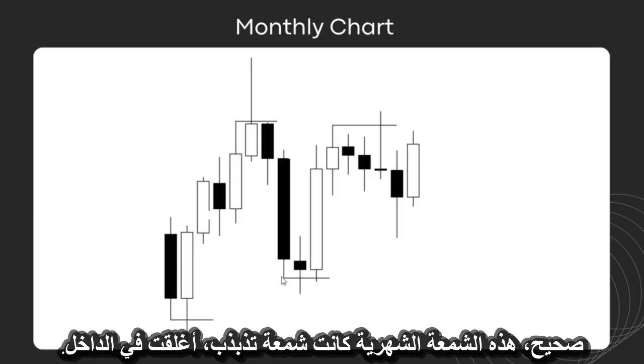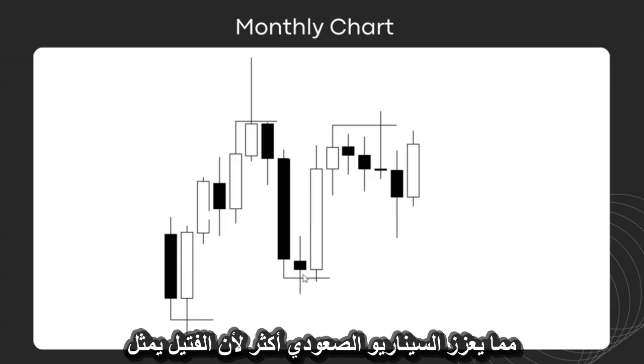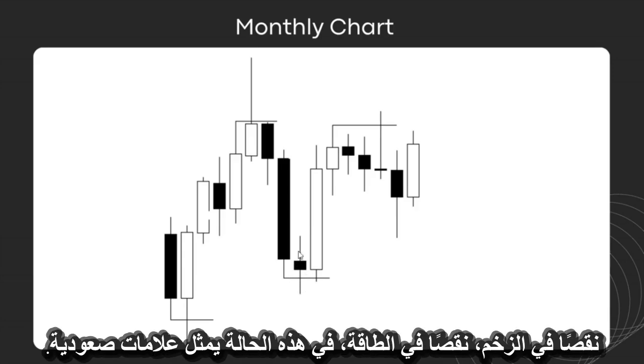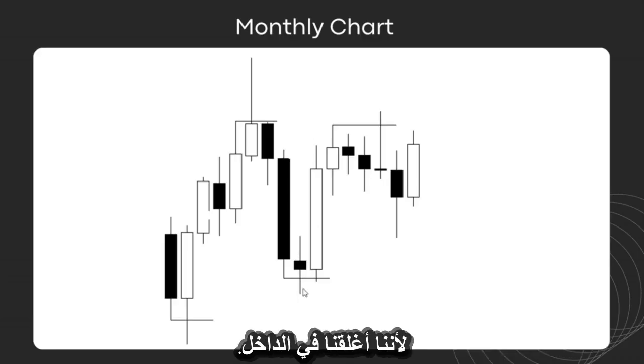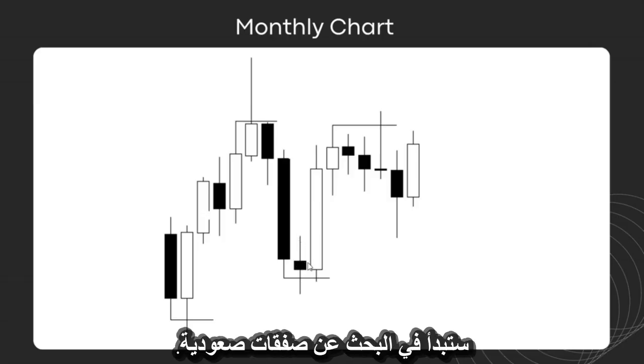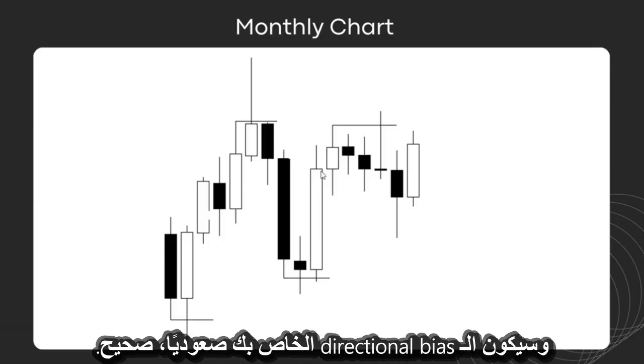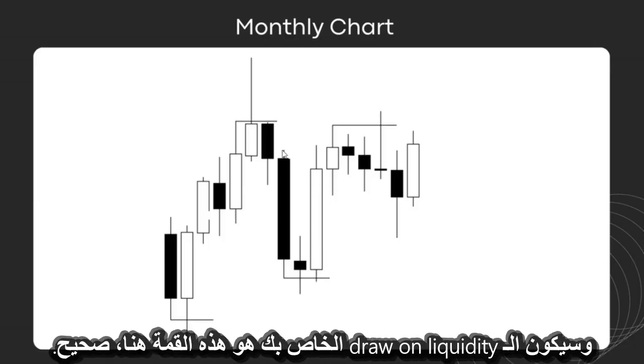It closed inside, which shows bullish signs, and it also formed a wick, which enhances the bullish scenario even more because a wick represents lack of momentum, lack of energy. In this case, it's representing bullish signs because we've closed inside and formed a wick. So based on these factors, you're going to start looking for bullish trades as soon as the next month's candle is open, and your directional bias would be bullish, and your drawn liquidity would be this high right here.